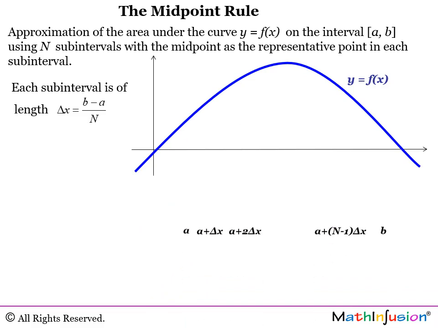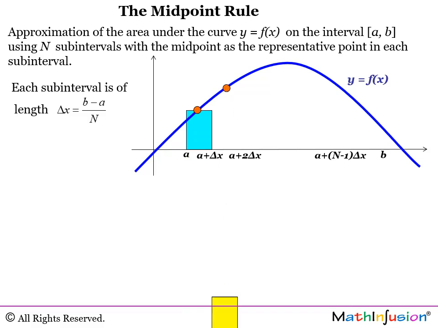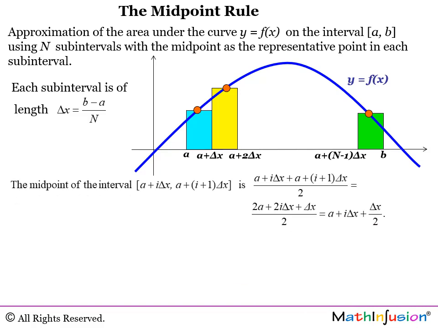And here's the graph of the function. Okay, don't forget the height is the midpoint. And the midpoint of each interval is the average actually. So it is (x1 plus x2) over 2.